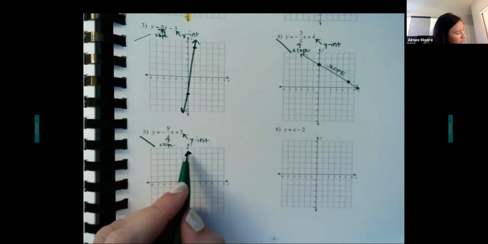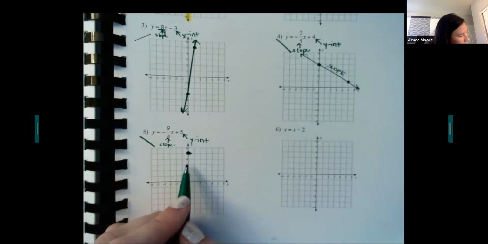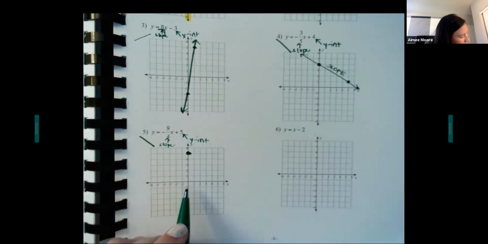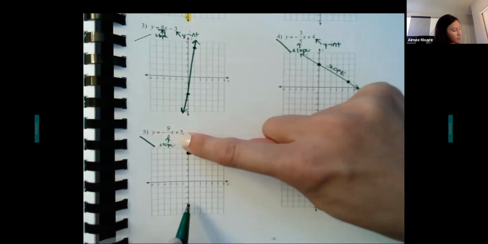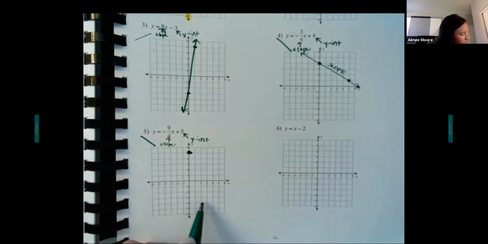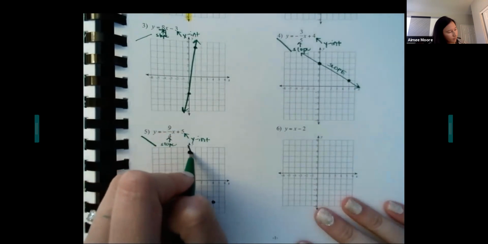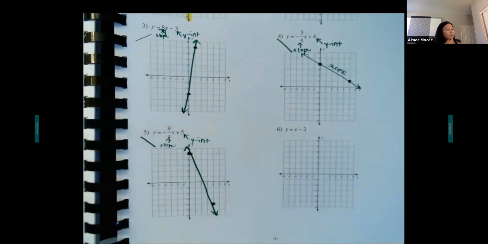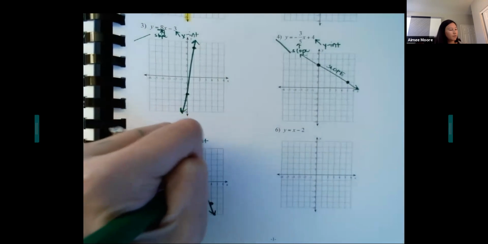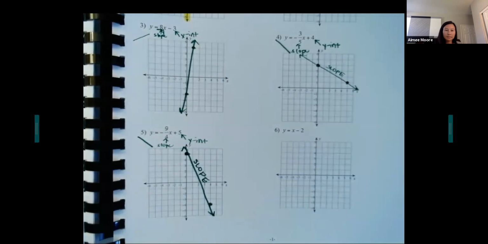So I have to go down 9. 1, 2, 3, 4, 5, 6, 7, 8, 9. And to match my picture, I'm going to have to go to the right 4. 1, 2, 3, 4. And then I write slope to make sure I graphed a negative slope, and I did.